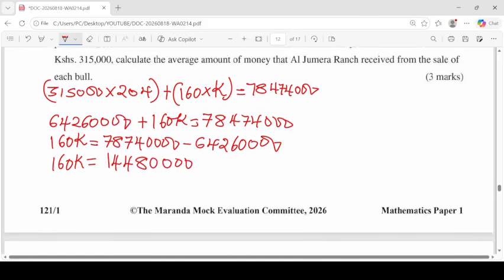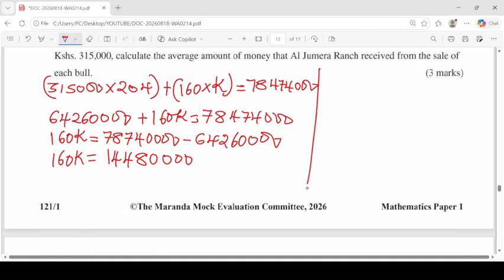So to get the value of K, we are going to take 14,480,000 divided by 160.